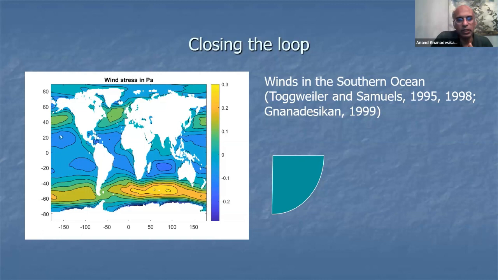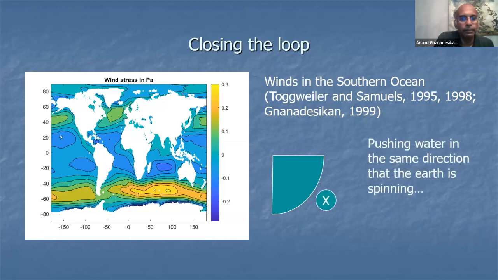The way in which we close the loop is that the Southern Ocean is the location which has strong winds. This is the westerly wind stress in pascals, and you can see this band of strong winds in the roaring 40s and screaming 50s.